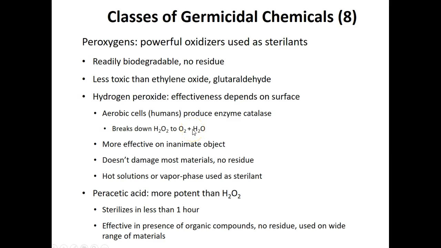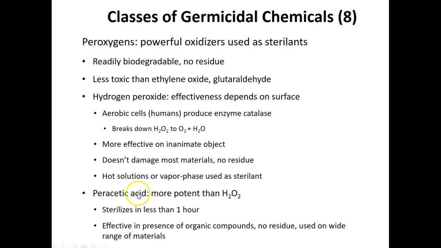So the effectiveness is a little bit decreased, because ultimately you would not have the hydrogen peroxide present for very long periods of time. As it says here, it is effective on inanimate objects because, well, obviously being inanimate, non-living, they would not be able to produce the catalase necessary in order to break down hydrogen peroxide, allowing it to stay present longer. Hot solutions are usually utilized to achieve sterilization of inanimate objects.